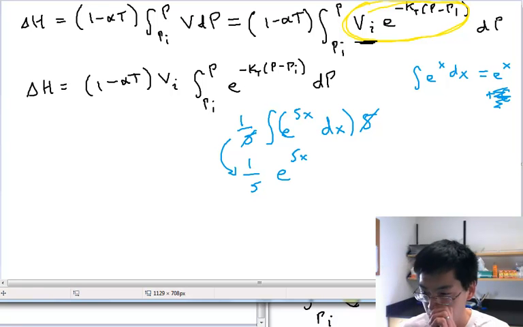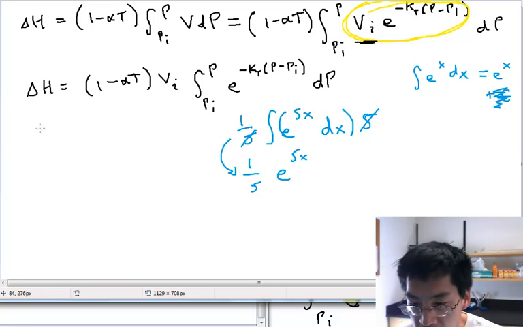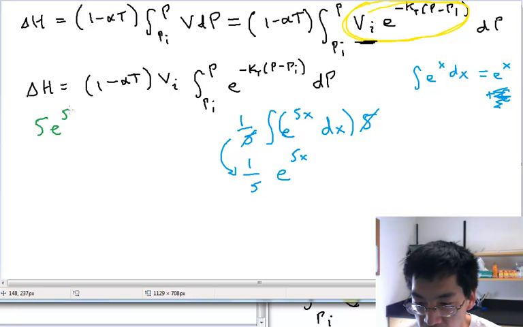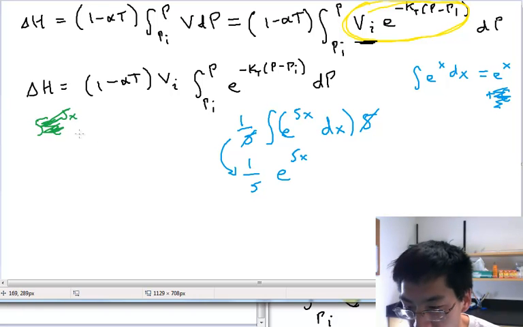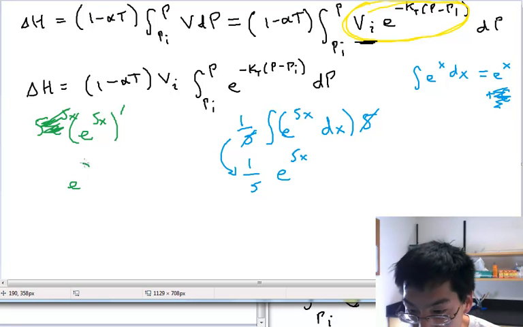Let me review that for you a little more carefully. Notice that if you have a function e to the 5x, and you want to take the derivative of that function, it is just e to the 5x and then the chain rule.